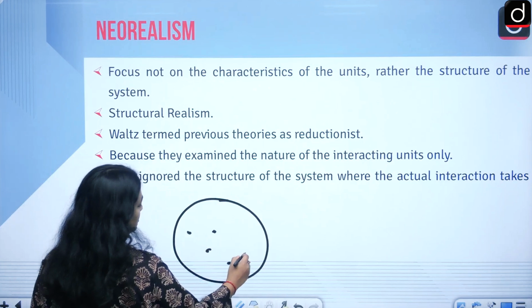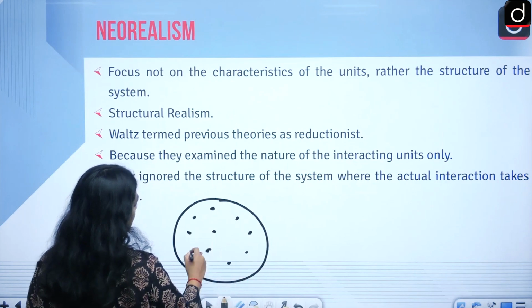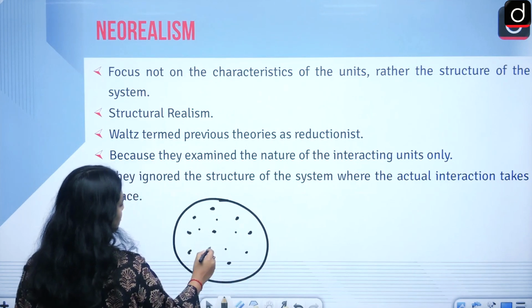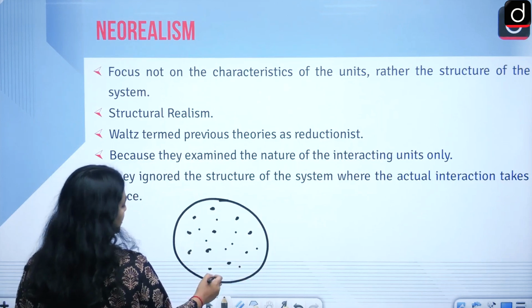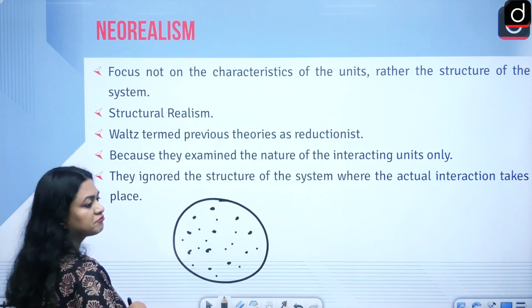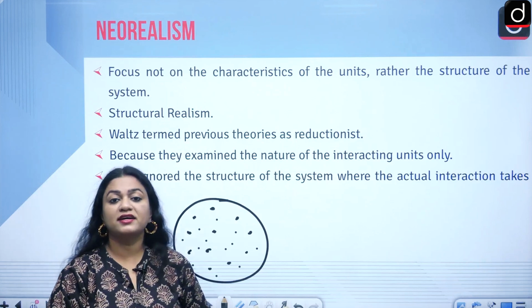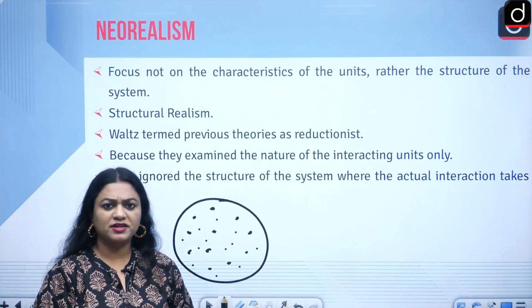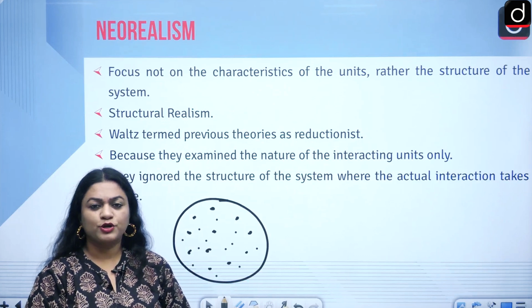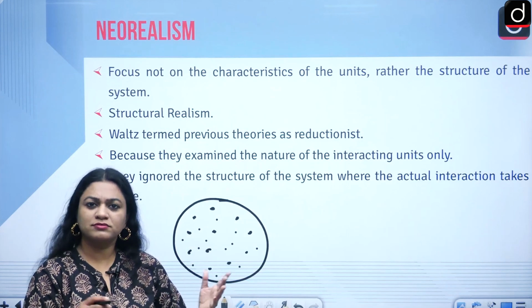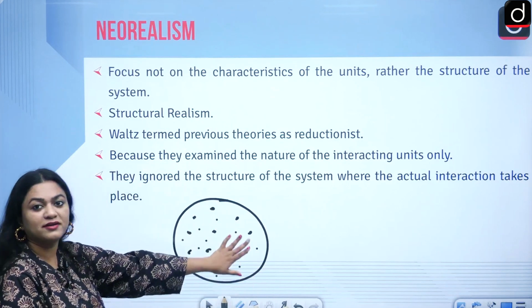Now, in the world you see different types of countries. Smaller countries like Nauru, big countries like Russia, Canada, America, smaller countries like Burundi, Togo, Vanuatu, Tuvalu. So many countries are there in the world, right?